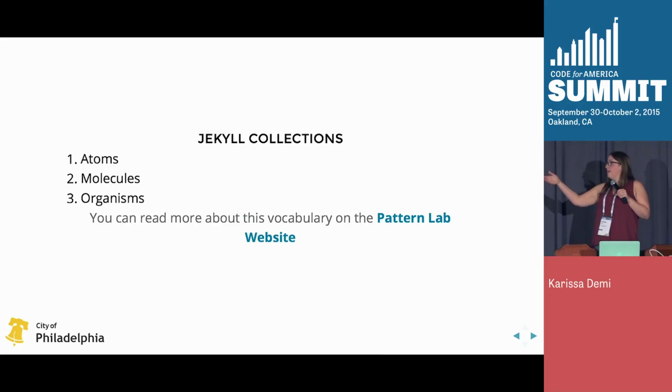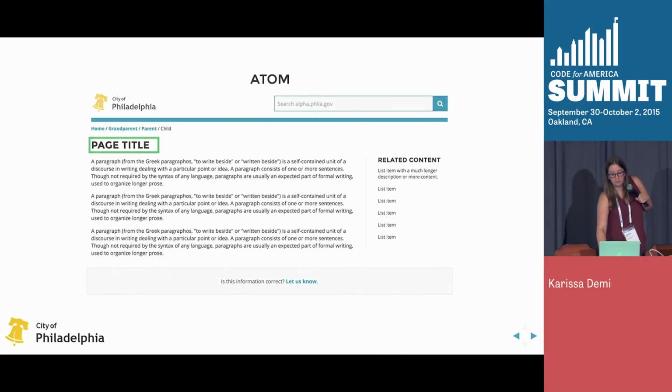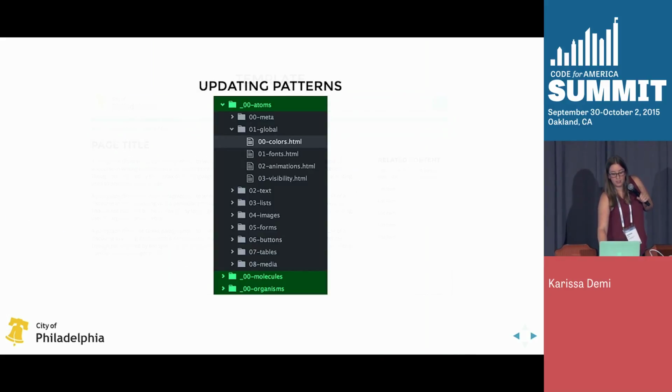So the same way that the Pattern Lab is grouping atoms together, we're grouping things in Jekyll the same way. So when we update patterns, we're looking for specific folders, and those folders are named those vocabulary words that we just talked about: atoms, molecules, organisms.